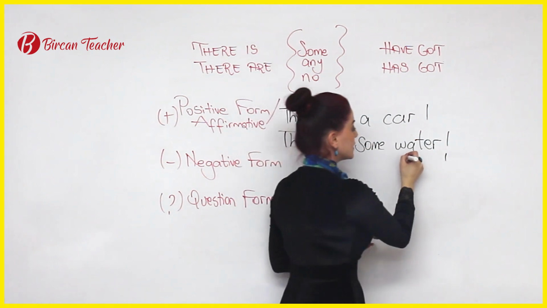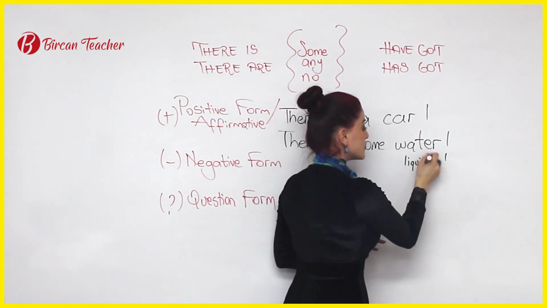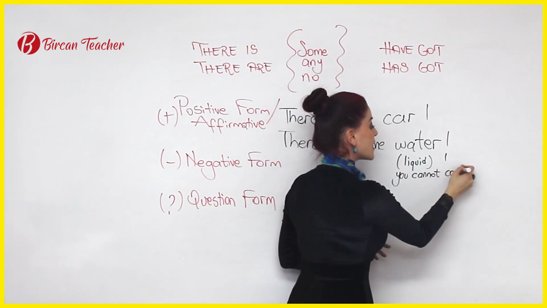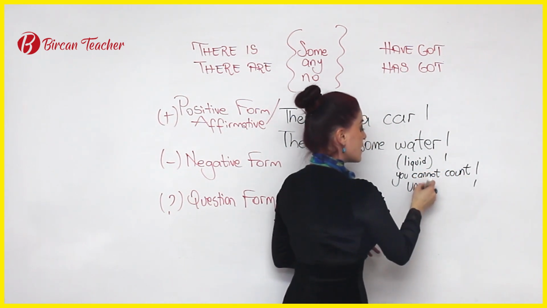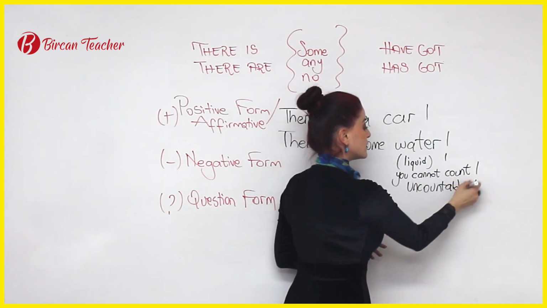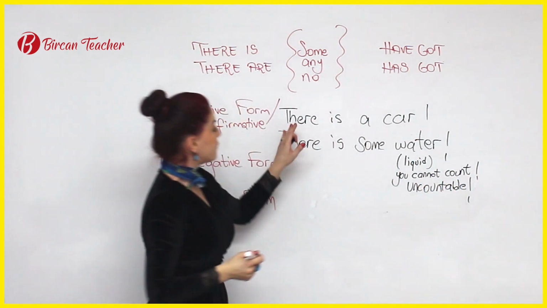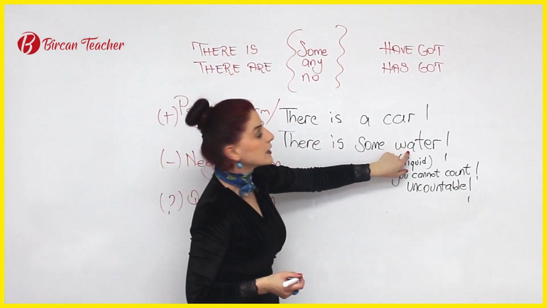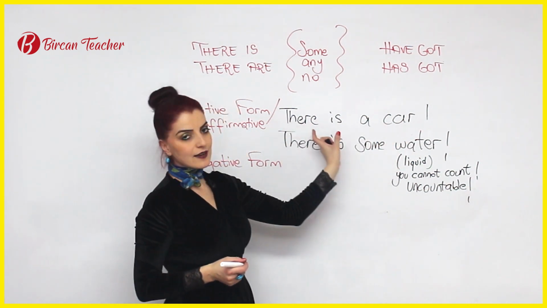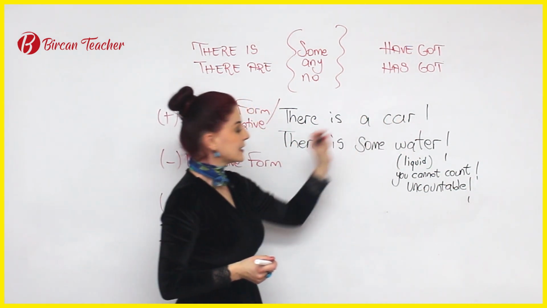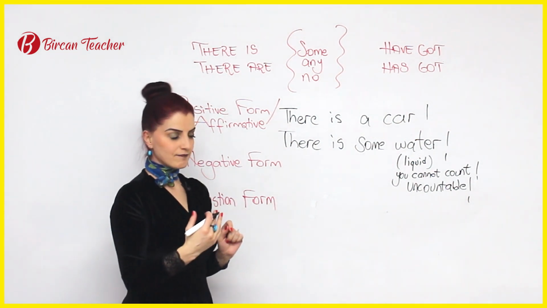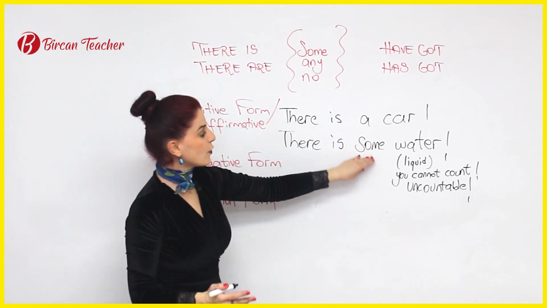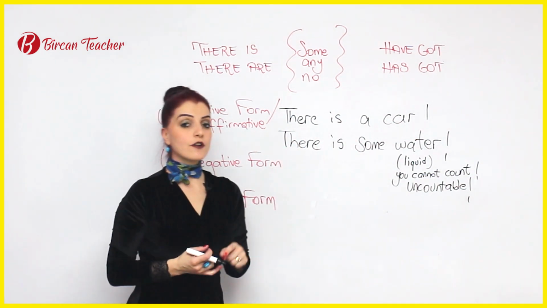So water is a liquid. So you cannot count it. This is uncountable. So, for a singular noun or for an uncountable noun, you say there is. There is a car, it means you see it. Or you know there is a car there. There is some water. There is some coffee.